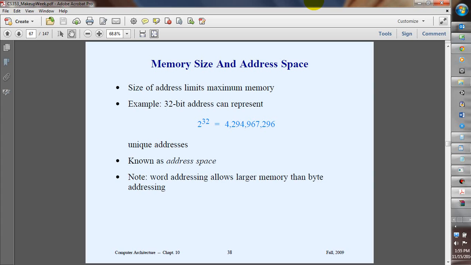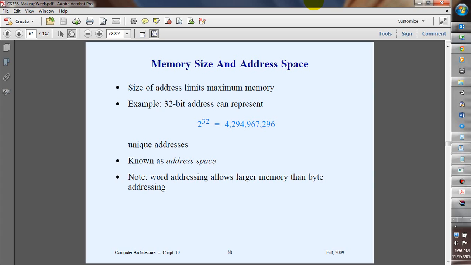So the question is, how large can memory be? Memory size is an economic issue, but it's also an aspect that affects hardware, and it's inherently linked to other choices like the addressing scheme.